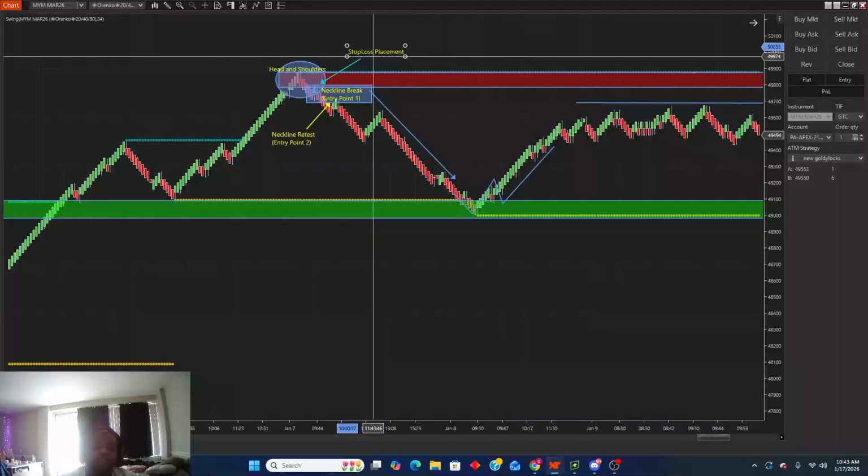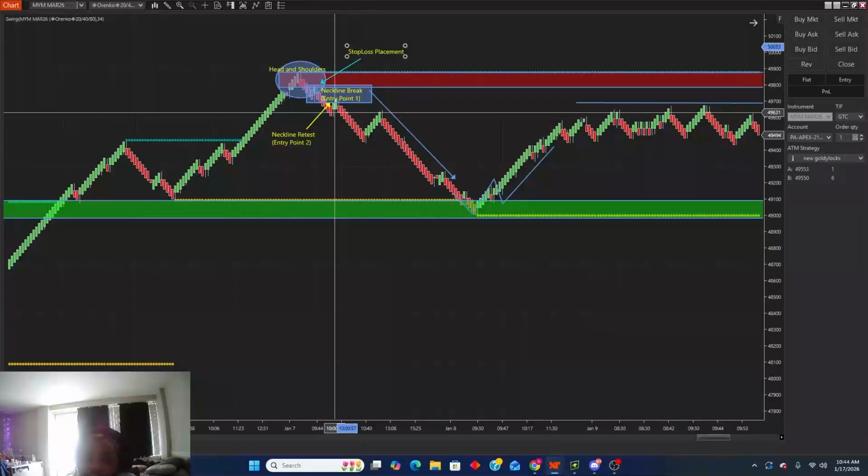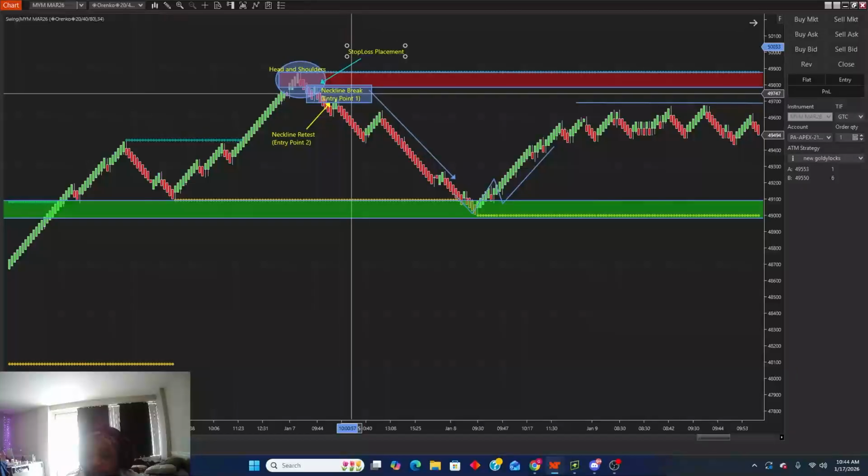Now, the retest can either be an entry point at the neckline or using a rejection. So you can have a limit order set here, or you can wait for price to reject, and then you can use some kind of validation to see, either put your stop loss above here or your stop loss above here.